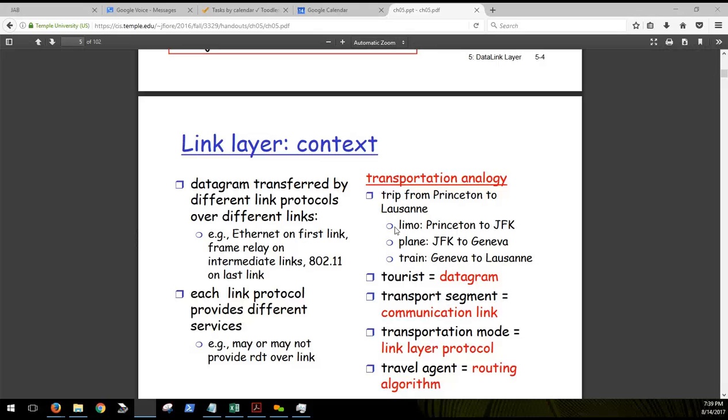You can take a limo from Princeton to JFK, but you would never drive from JFK to Geneva. You're going to use a different type of link, and in this case, a plane. But in networking terminology, we're going to use some kind of WAN protocol.